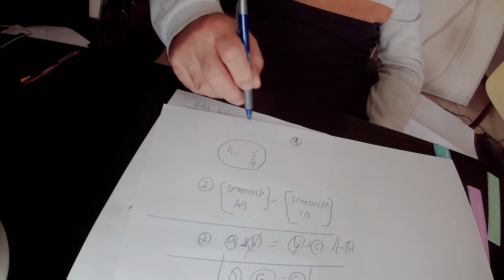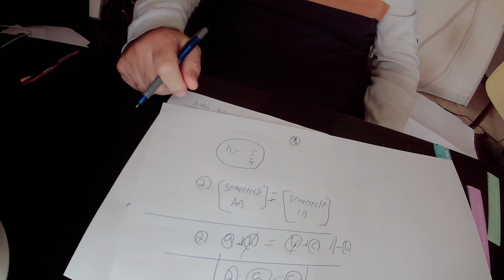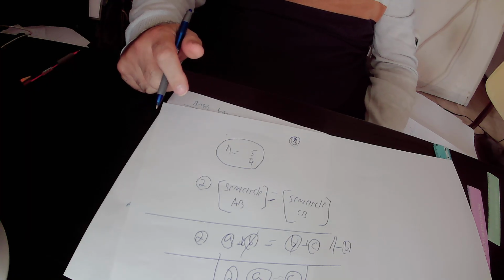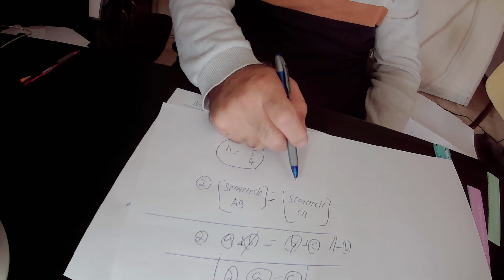Because it is given in the equation that semicircle AB can go into semicircle CB, they must also have the same areas. That is to say, the area of semicircle AB equals the area of semicircle CB.